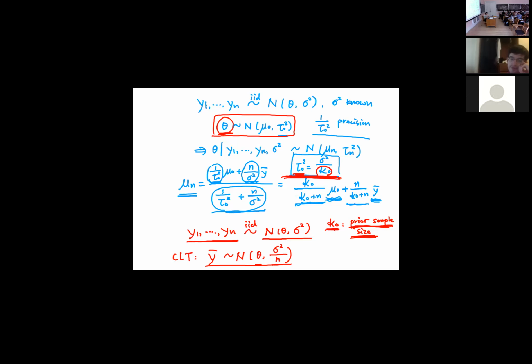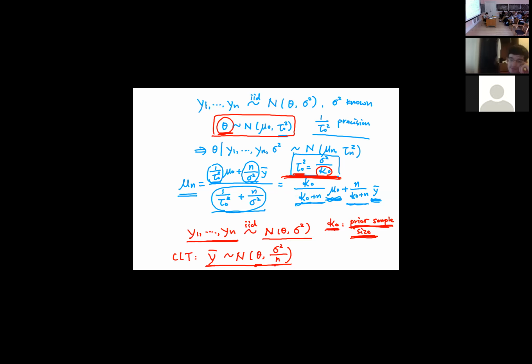if I have Y1 until YN as the sample that I have, and I want something equivalent to the sample itself, but I'm working with the sample mean, I should think about what Y bar should follow. By central limit theorem, it's going to be centered at theta, with variance sigma squared over n.